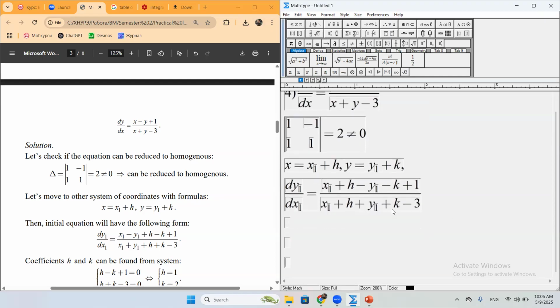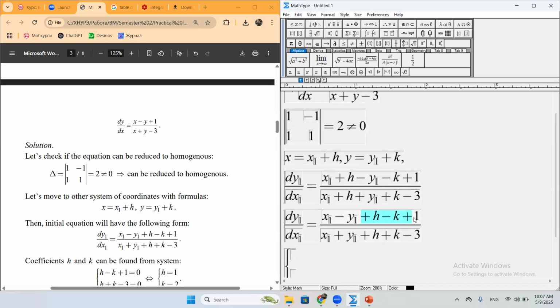Then we will solve the next system of equations with respect to h and k. And by the way, let's rewrite the order of variables or coefficients that we have here just for our convenience.